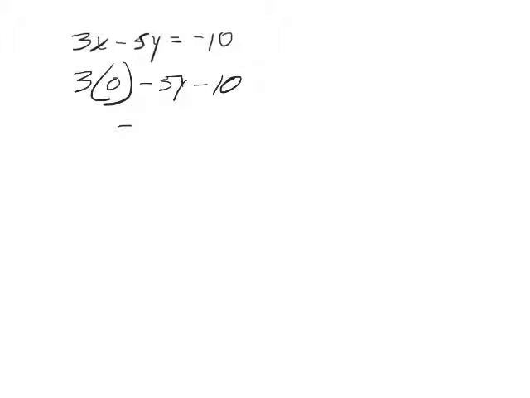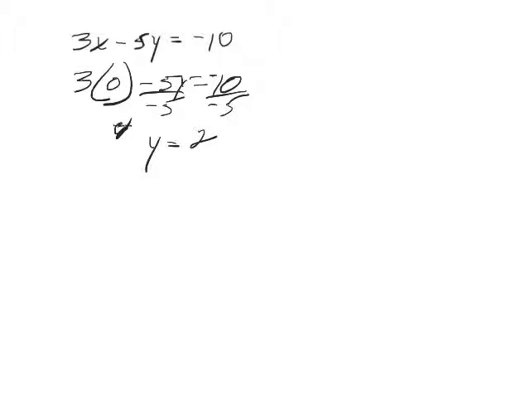Okay, that gives me an equal sign, -10. So that gives me, divide by -5, divide by -5, and that gives me y equals 2, which if you remember from the last one where you had the slope-intercept form, it was y equals 3/5 x plus 2, and the last number is always the y-intercept.